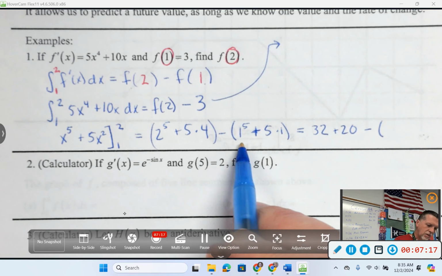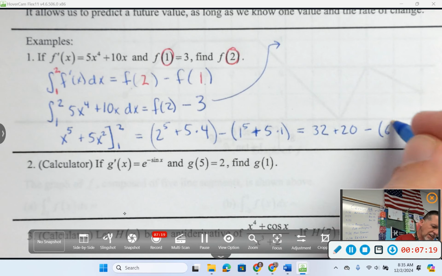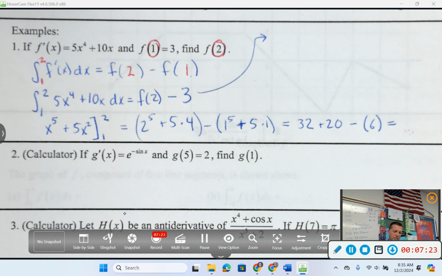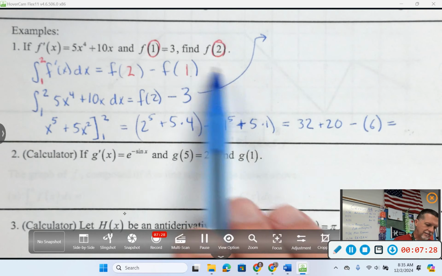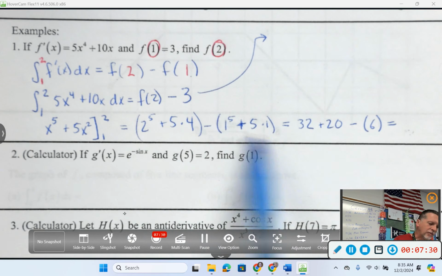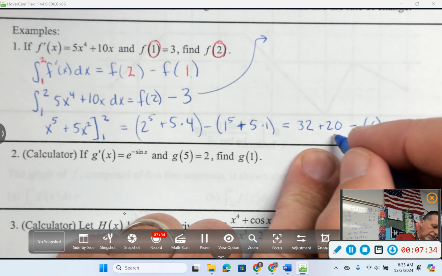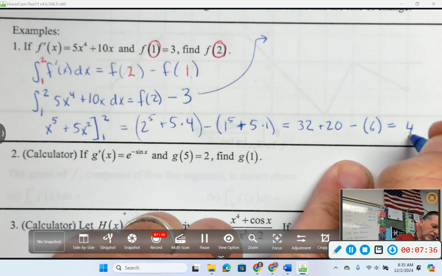Minus 1 plus 5 is 6. You could stop this somewhere along the way, but you'd have to plug all of that in for this integral, so you may as well clean it up. 52 minus 6 is 46.